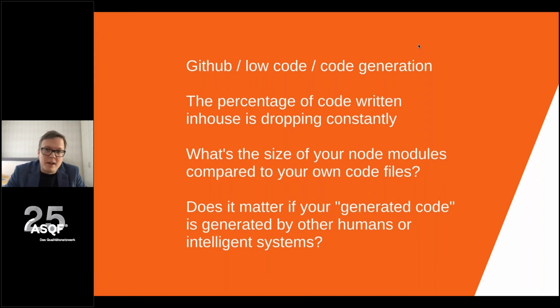What's actually happening in the industry is that the percentage of code written in-house is dropping constantly. For example, looking at many modern websites and many modern companies making websites, the percentage of code written in-house is super small.